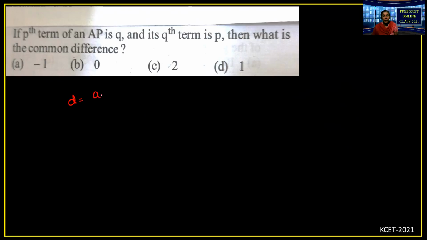The common difference is the pth term minus the qth term, divided by P minus Q. The pth term of the AP is Q, the qth term is P, divided by P minus Q. So taking the minus common factor, we get P minus Q divided by P minus Q. When cancelled, we get -1. -1 is the common difference.